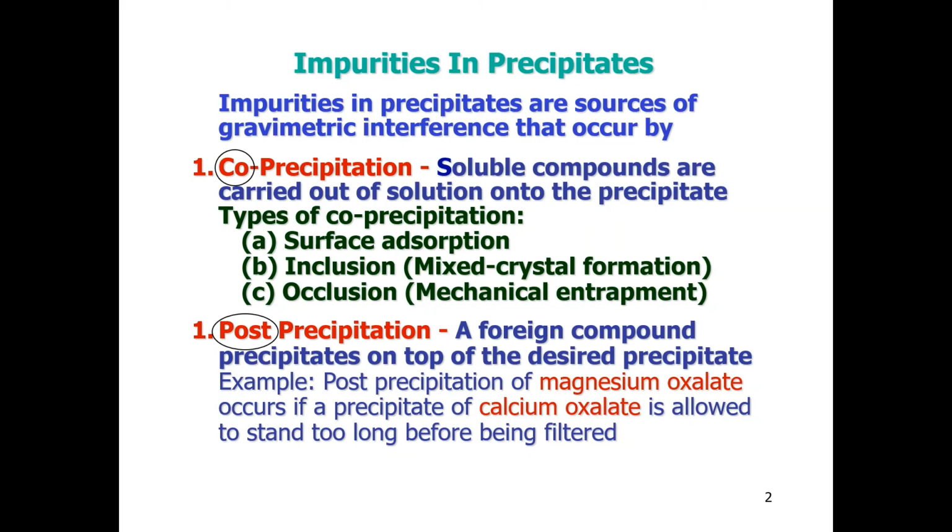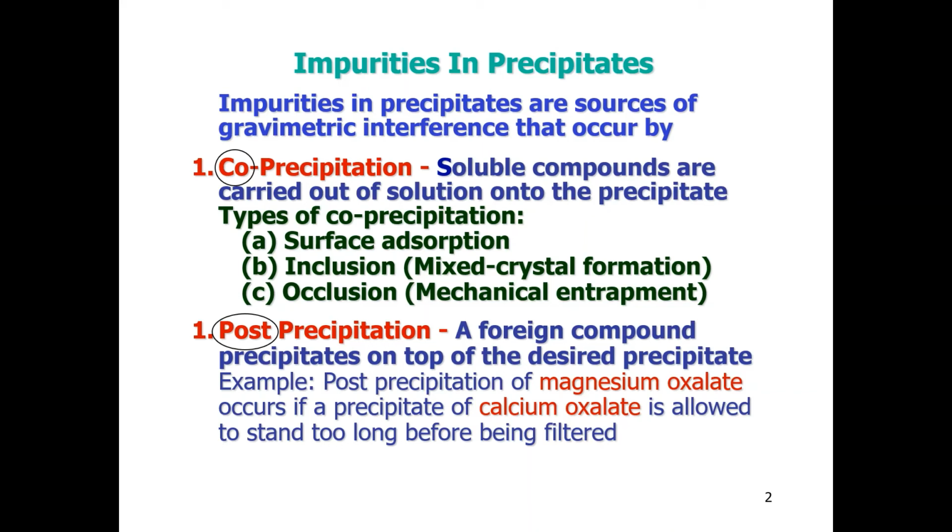Let's discuss impurities in the precipitate. We want to have a pure precipitate. As such, we want to know how impurities can creep into our precipitate, making it impure. The first one is called co-precipitation. During the process of precipitation, some compounds are able to go into the precipitate, either being adsorbed on the surface, or going into the structure of the crystal itself, either by inclusion or by occlusion.